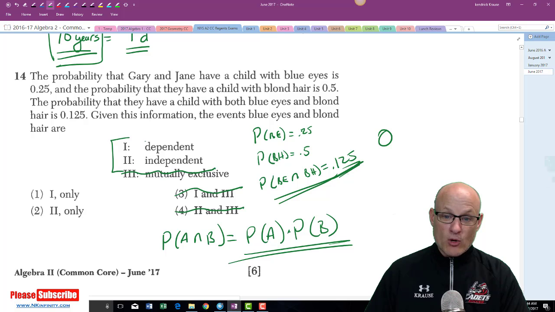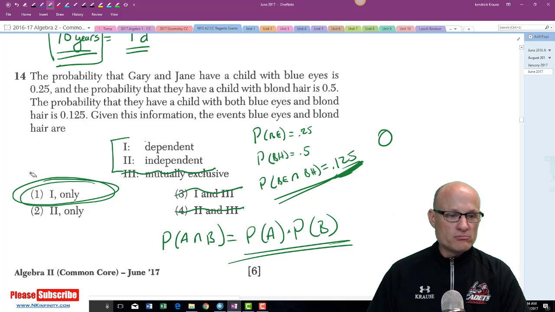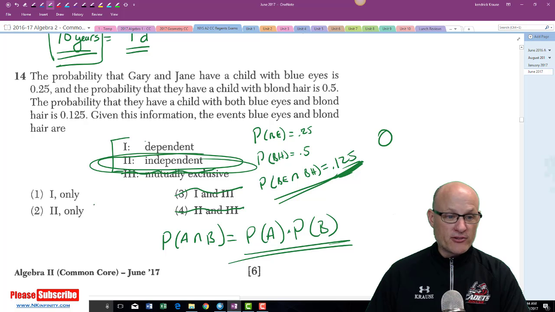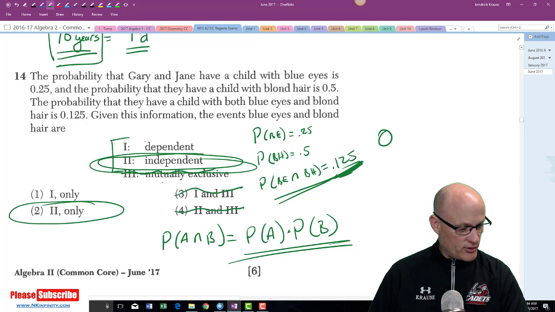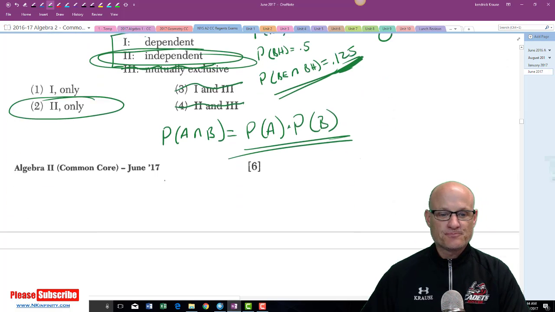If it equals 0.125, then they're independent. If it does not equal 0.125, then they're dependent. And since 0.5 times 0.25 is 0.125, they are in fact independent, so it should be choice 2 only. 14 is choice 2. Yes. There we go.